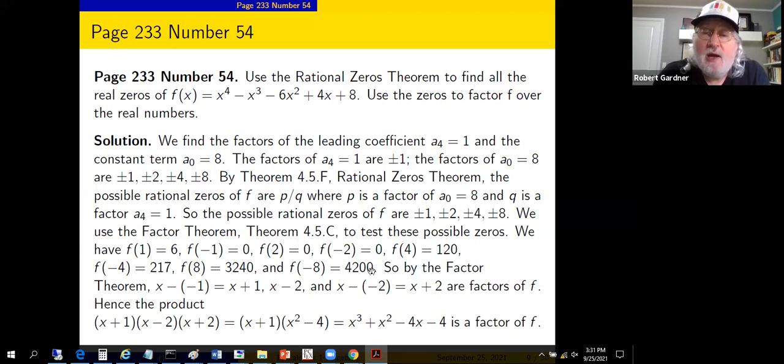Negative 2 is a 0, x minus negative 2, that is x plus 2, is a factor. So we found 3 factors, x plus 1, x minus 2, and x plus 2. So these 3 things are factors of f of x, the polynomial function.